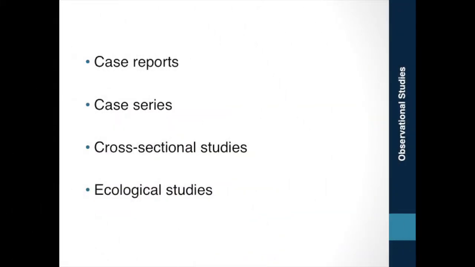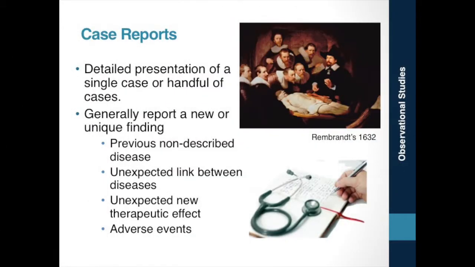Let's take a closer look at case reports, case series, cross-sectional studies, and ecological studies now. A case report is a detailed presentation of a single case, usually of some event or disease that has not been clinically described in the past.